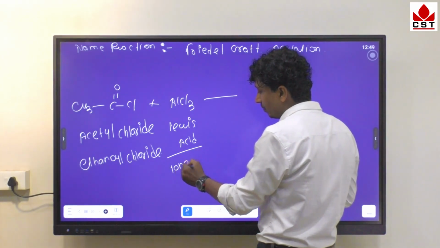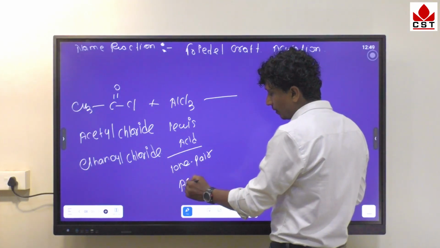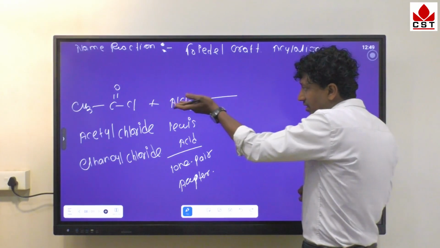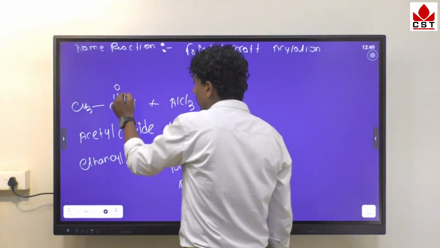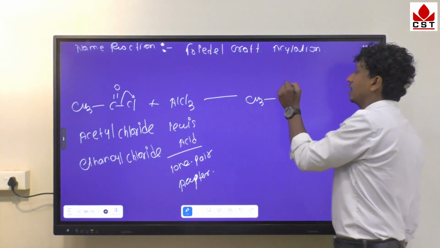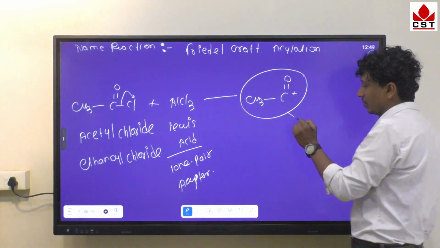Lewis acid means lone pair acceptor. It accepts the lone pair, the Cl breaks away, and CH3, C double bond O positive forms. The carbon carries a positive charge.